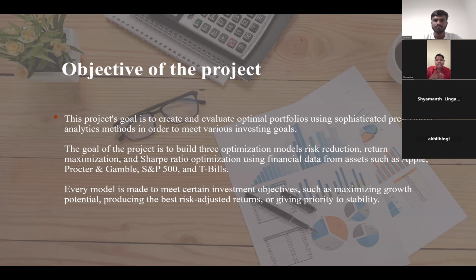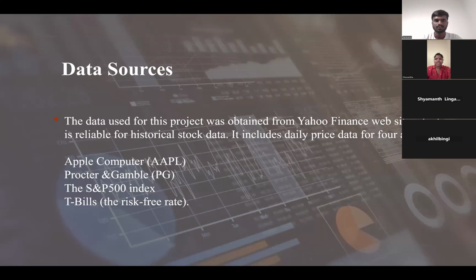The last one is the Sharpe ratio optimization model, which is aimed at balancing risk and reward to deliver the best risk-adjusted returns. These models utilize financial data from assets like Apple, Procter and Gamble, S&P 500, and T-bills, ensuring a diverse and practical application.